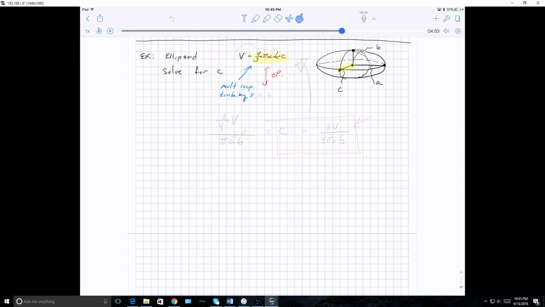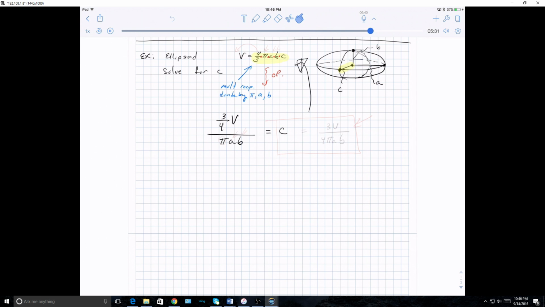by pi, A, and B. So what this looks like right off the bat is 3/4 V all divided by pi AB. Now we can simplify this pretty quickly and see that this is C. And by going backwards and actually going back and trying to reproduce this up here.